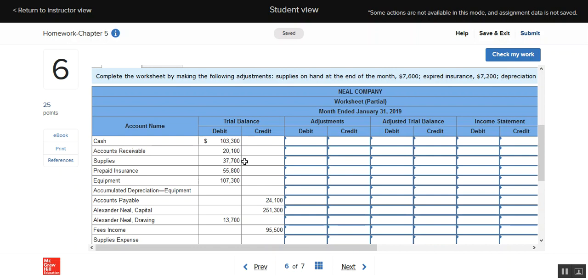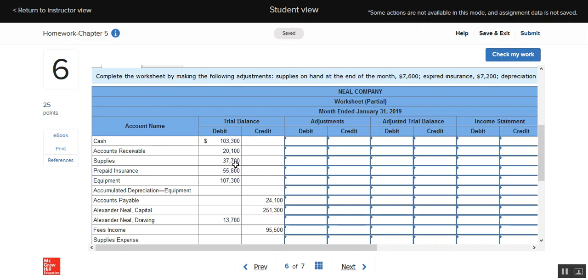The instructions tell us that we have supplies left of $7,600. So instead of a balance of $37,700, we should just have a balance of $7,600. That amount is the balance, not the adjustment amount.